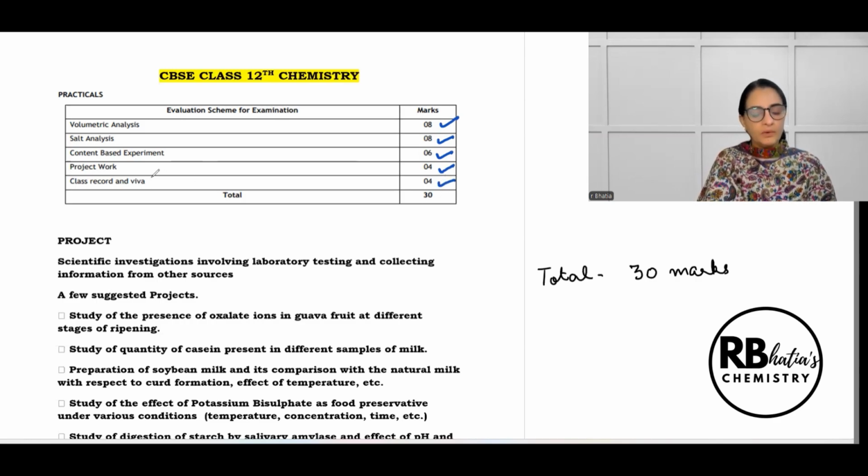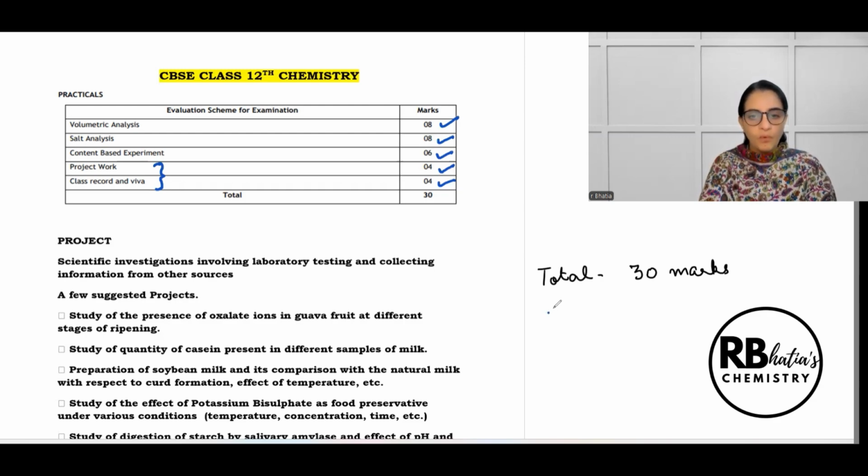So class record and viva, actually the viva can be from the project as well as from the class record. Now, some teachers prefer to take viva from one of the theory chapters, although in the instructions suggested by the board, they have mentioned that the examiner is supposed to ask viva questions based on your project work as well as your practical exam.